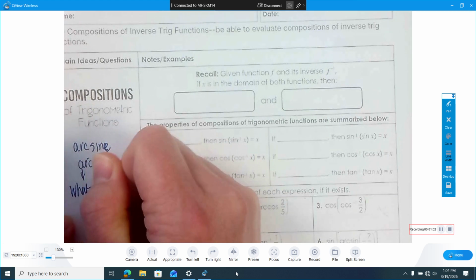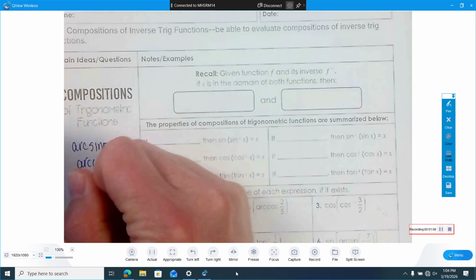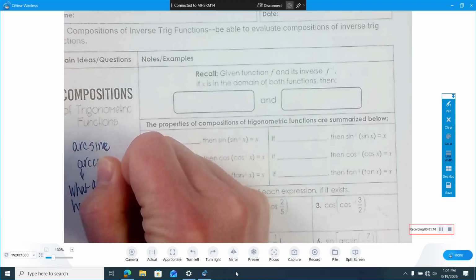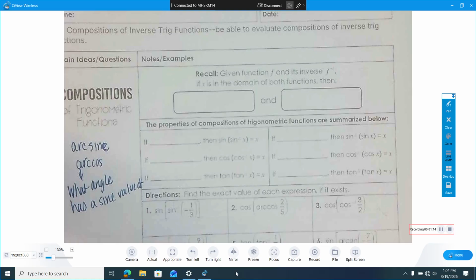What angle has a sine value or a cosine value of whatever it is? And with that in mind, as long as you understand, we can always draw it. That's how I prefer to do these things.